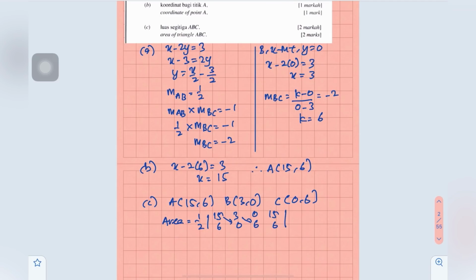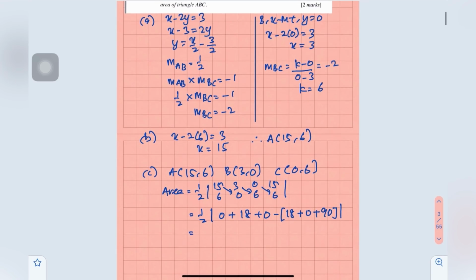So kita darabkan. Okay, this one 1 over 2. Kita dapat 0 plus 18 plus 0, minus this one 18 plus 0 plus 90. Okay, so kita dapat this one 90. 90 over 2 is 45 unit squared.